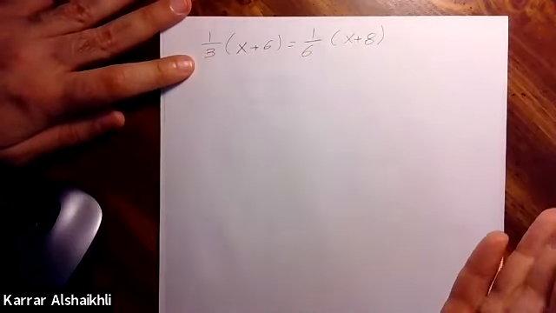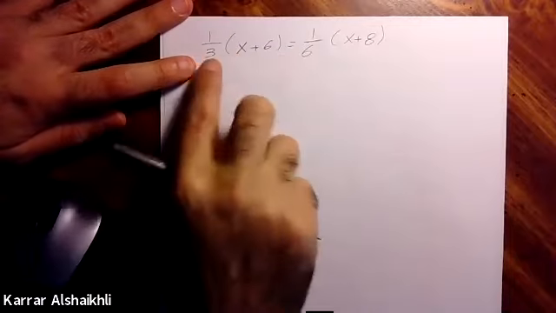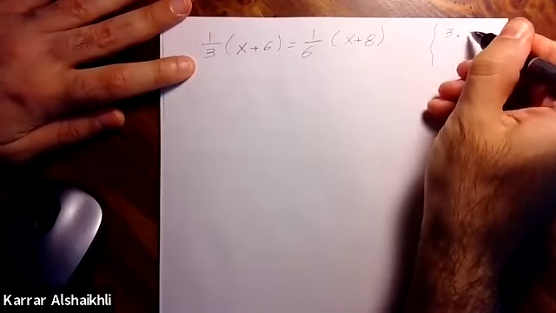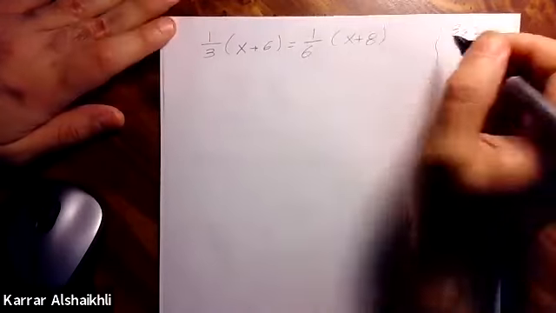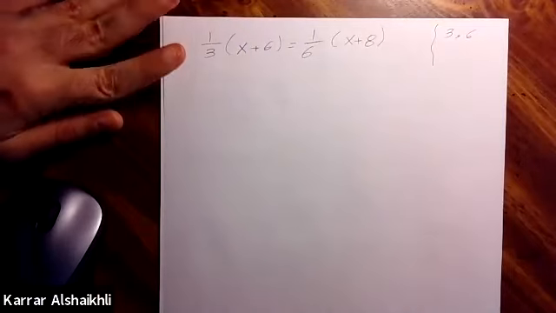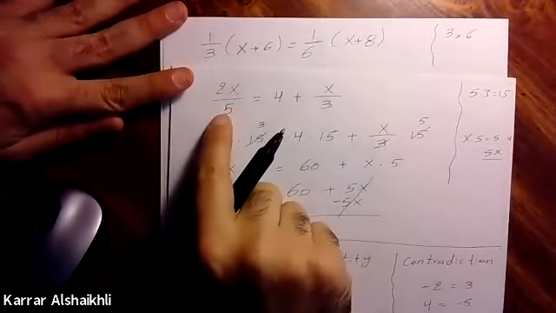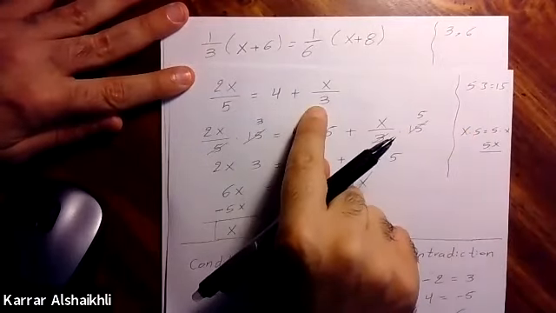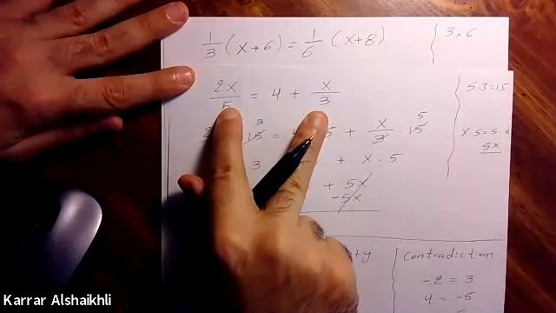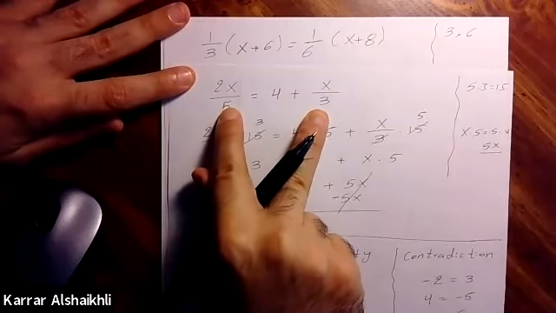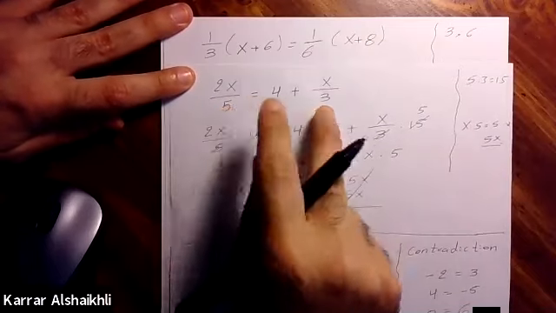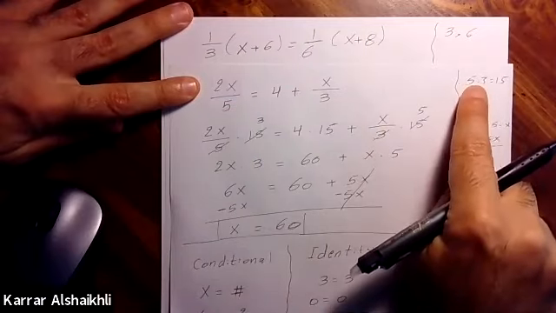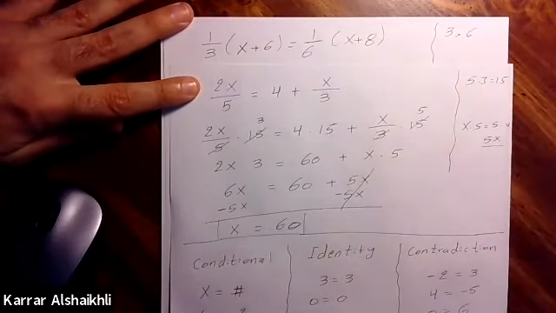So the easiest way is also to cancel the bottom part. If you check these two numbers, 3 and 6, there is a common factor between these two numbers. If you go back to the previous example, 5 and 3, there is no common factor between 5 and 3, so I'm going to multiply these two numbers. But if there is a common factor between the numbers, just take the highest number. With 5 and 3, there is no common factor, so I multiply 5 times 3, which is 15.